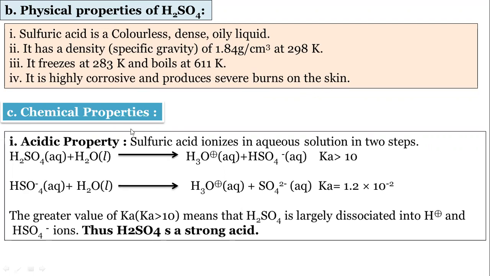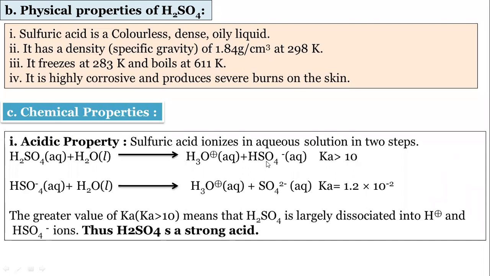So the chemical properties, you know, acidic. H2SO4 is acidic in nature according to the Arrhenius theory. The substances which give H plus ion in aqueous solutions are called acids. So H2SO4 when dissolved in water ionizes into H3O plus and HSO4 minus.